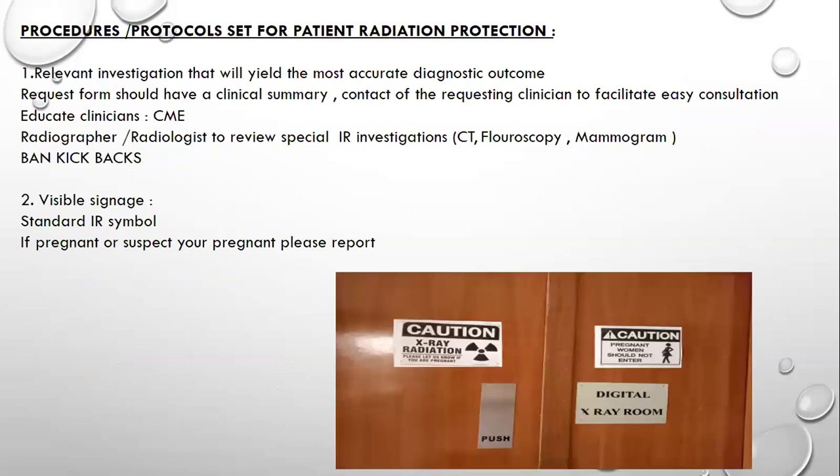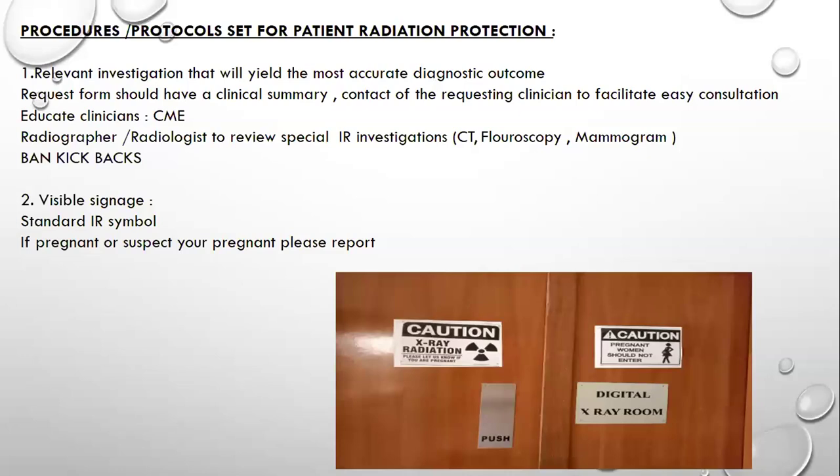So once the patient has given out the request form, the first thing we need to analyze is that request form. The clinical summary should be well written out so that as the radiographer or the radiologist is reviewing that summary, we'll be able to tell whether the investigation requested is relevant to that clinical summary.